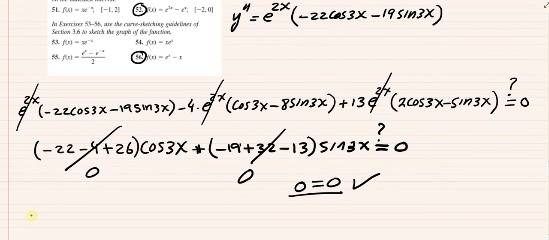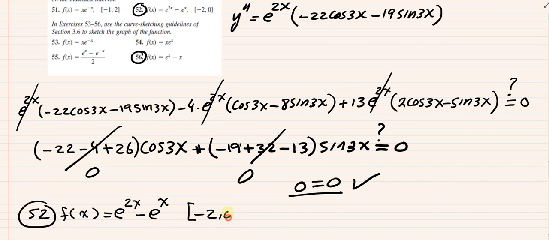In exercise number 52, the equation is f of x is equal to e to 2x negative e to the x over the closed interval from negative 2 to 0. And because this is a closed interval, we have to also check for endpoint extrema, correct? If it was an open interval, we wouldn't have to do that, but it is a closed interval, so we will do that.